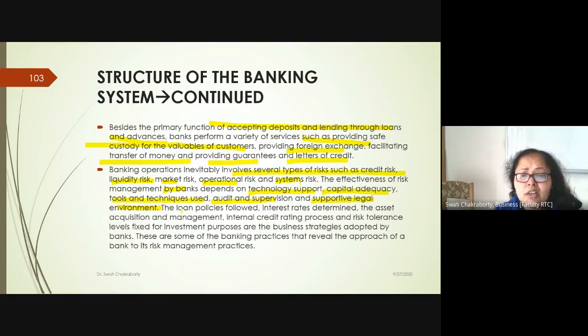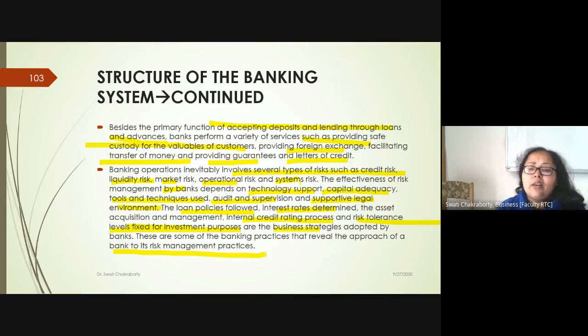How they can manage: the loan policies followed, interest rates determined, asset acquisition and management, internal credit rating process, risk tolerance levels fixed for investment purposes, right? These are some of the business strategies adopted by the banks. And these are the banking practices that reveal the approach of a bank to its risk management.